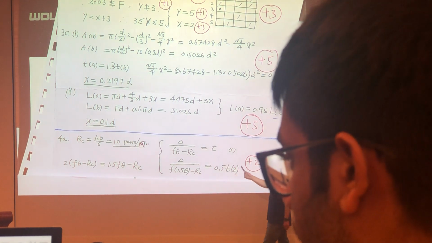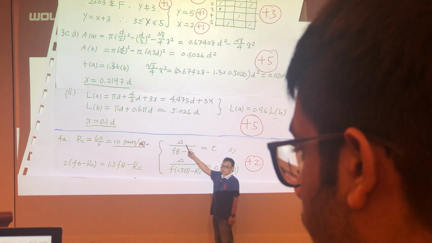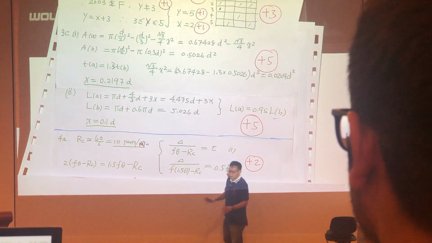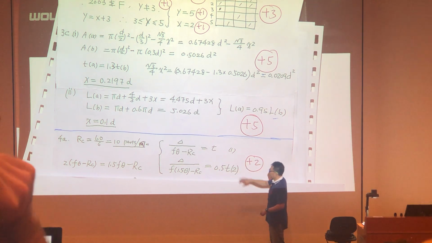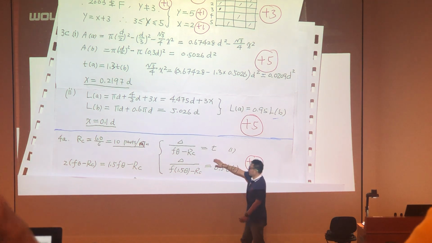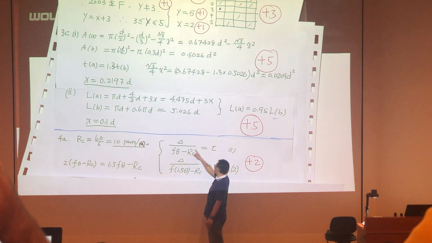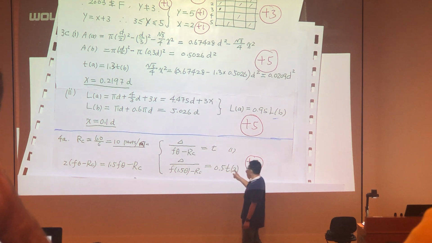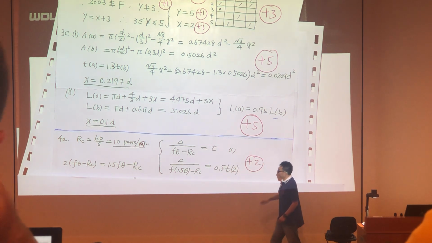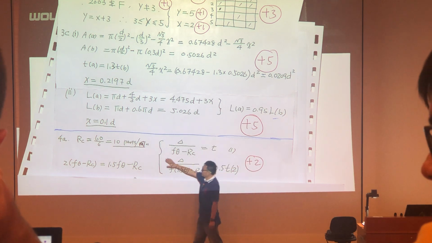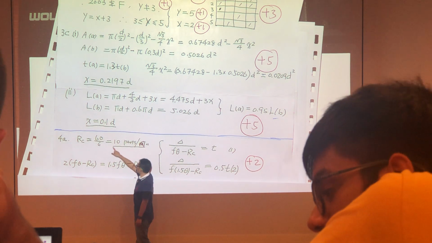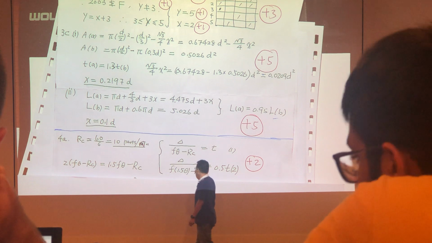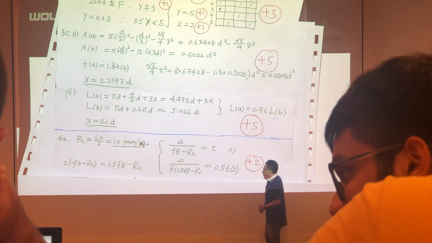Delta means n2 minus n1. So just simplify the expression: when it's theta, then it equals t. When it's 1.5 theta, it equals 0.5 t. And RC here is given, TC is 6 seconds, so RC is 10 parts per minute, so we have the value.